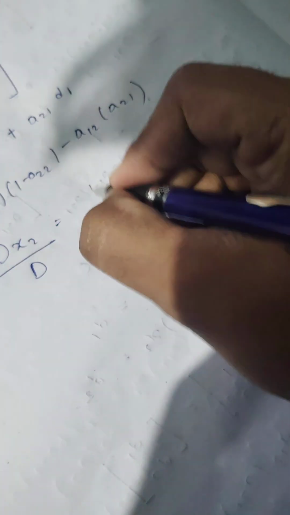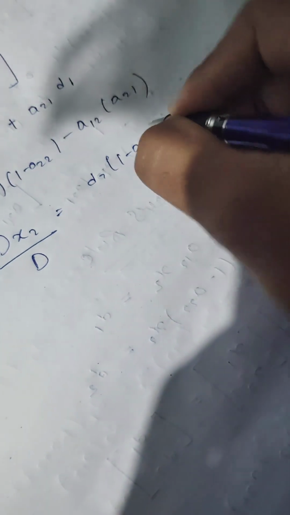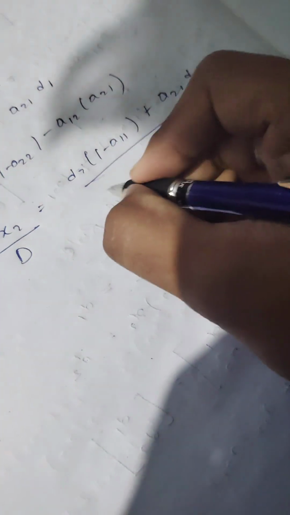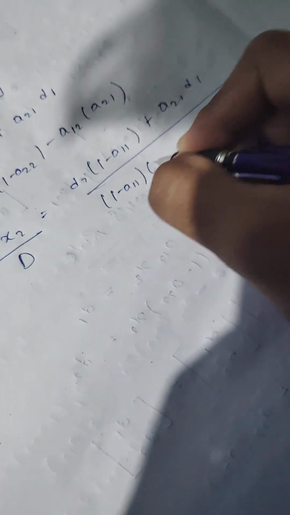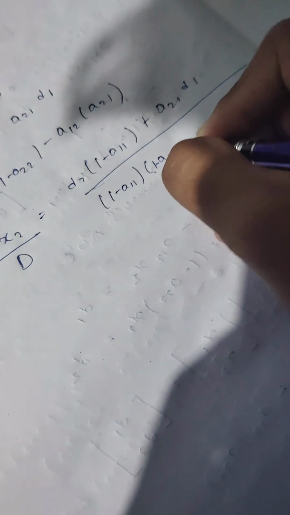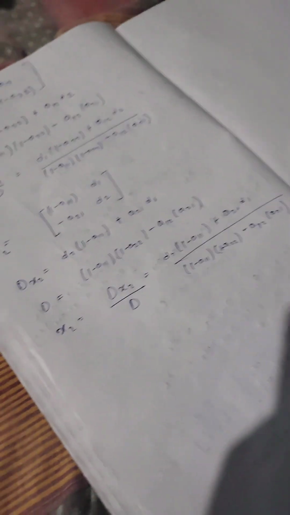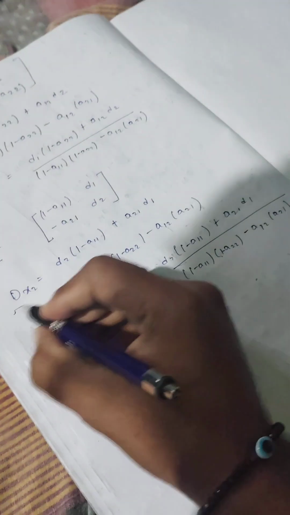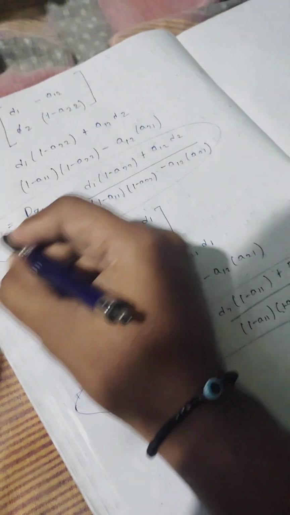So x2 will be equal to Dx2 divided by D, which is d2 (1 minus a11) plus a21 d1, divided by (1 minus a11) into (1 minus a22) minus a12 a21. Done. Using Cramer's rule we found x2 and x1.